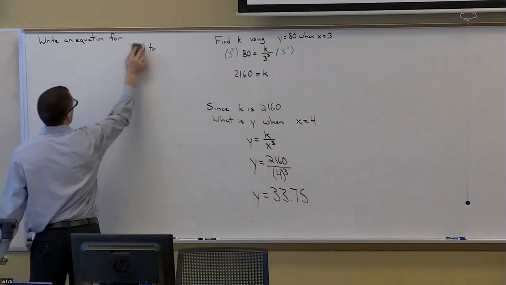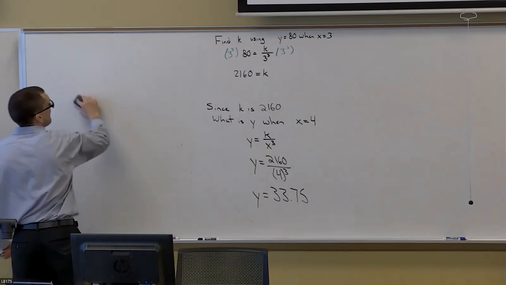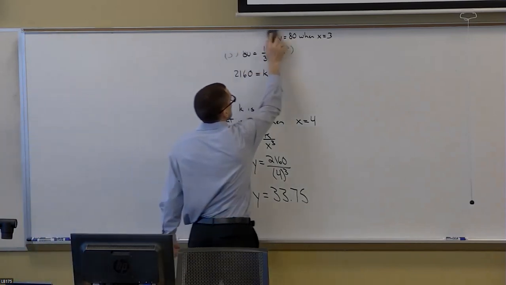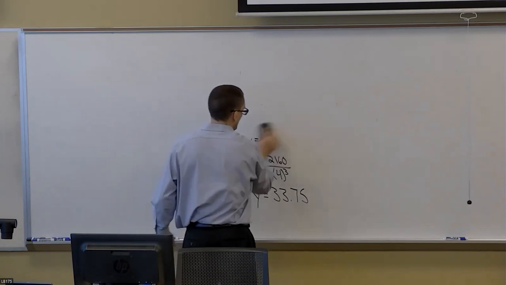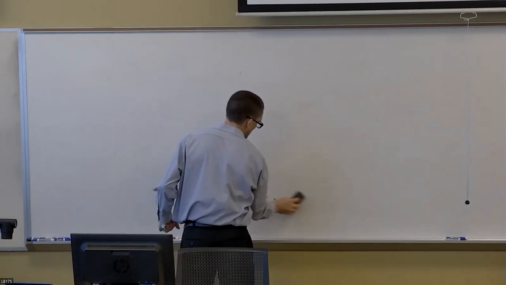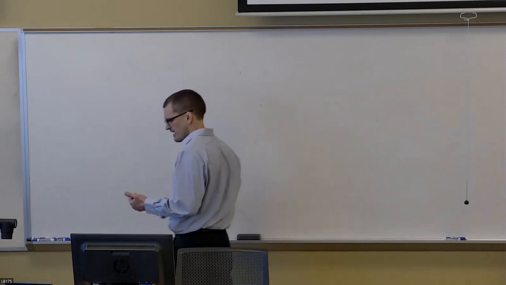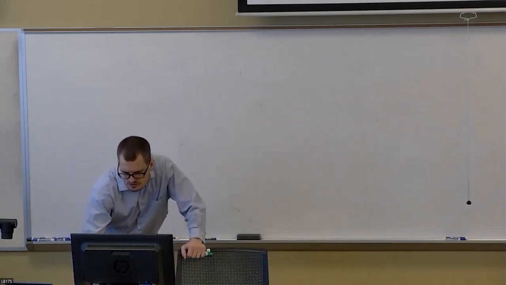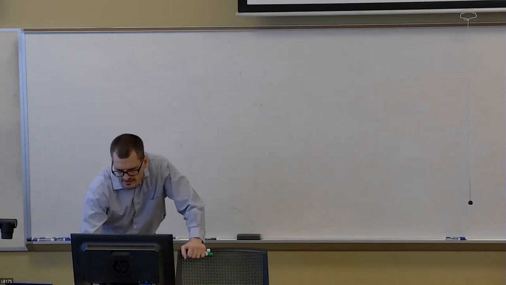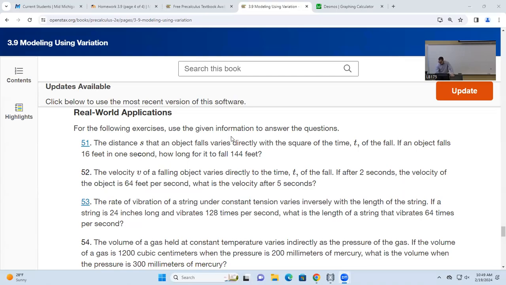But what I would like to do is check out at least a couple of word problems on this inverse proportionality and direct proportionality and joint proportionality. And to do that, I'm going to look at some problems from our book.